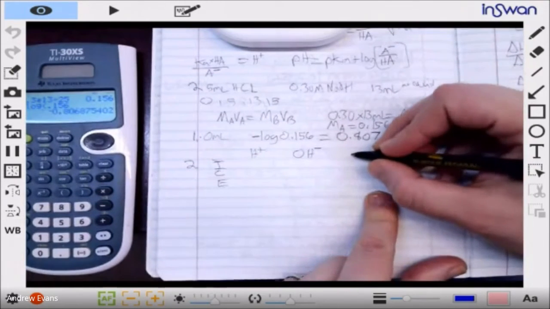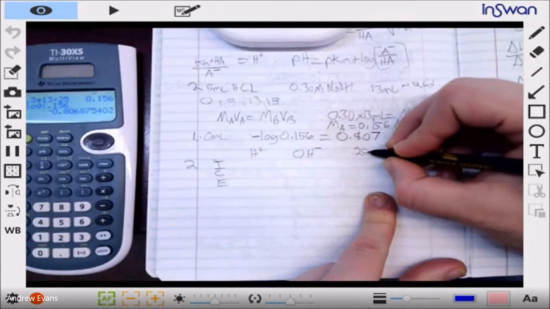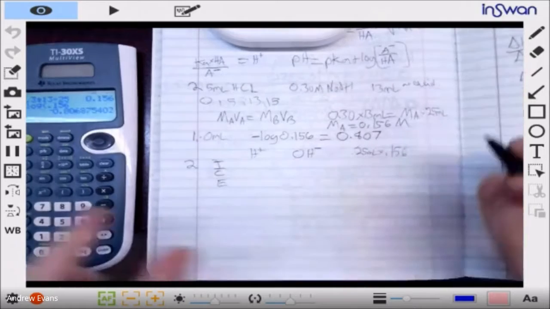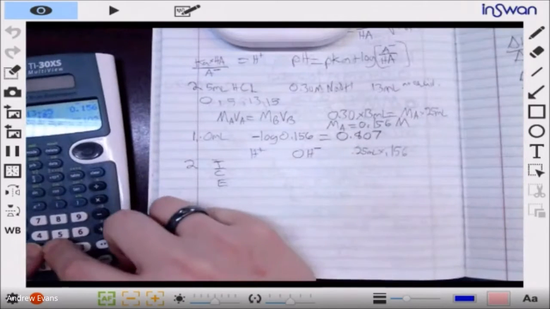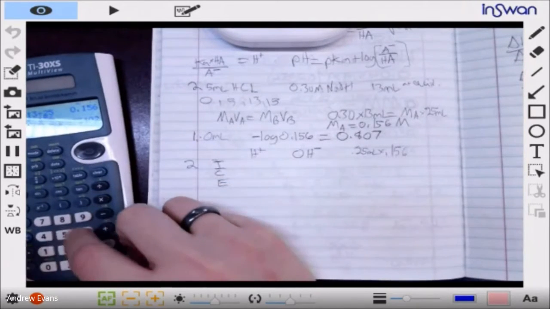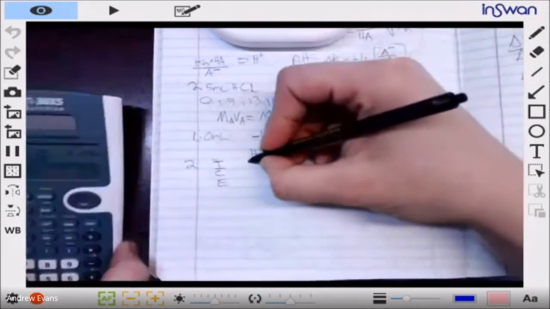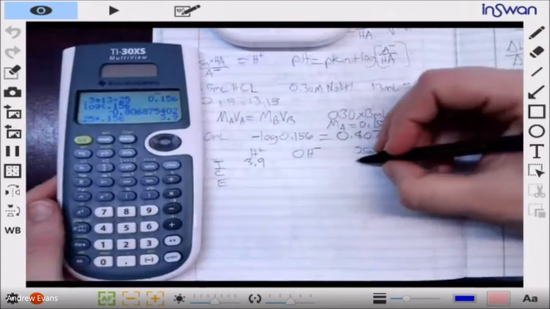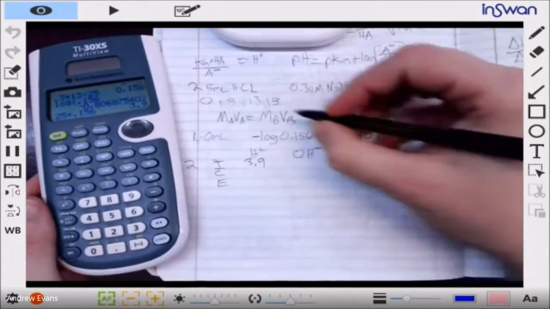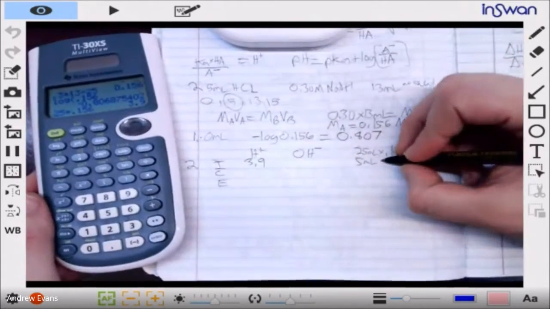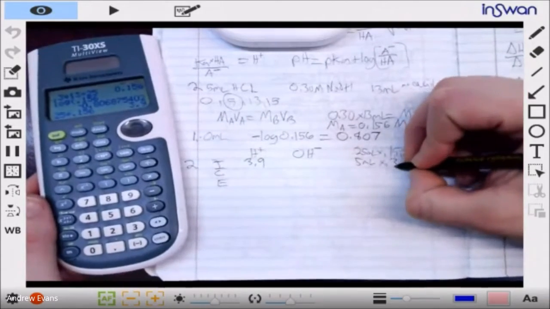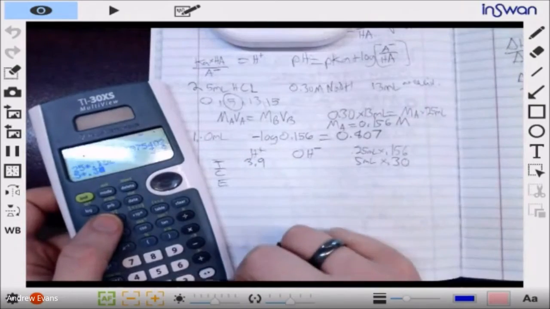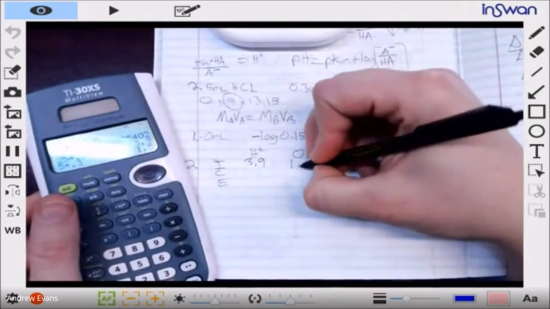So with 25 mils times 0.156, that's going to be our acid. 25 times 0.156 gives us 3.9. Now we use 5 mils of the base times 0.3, which is 1.5.